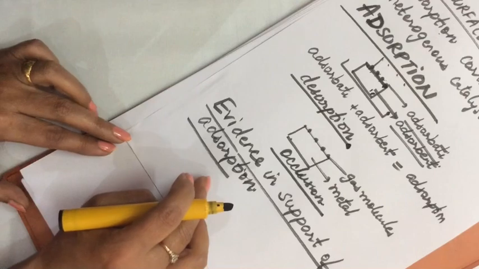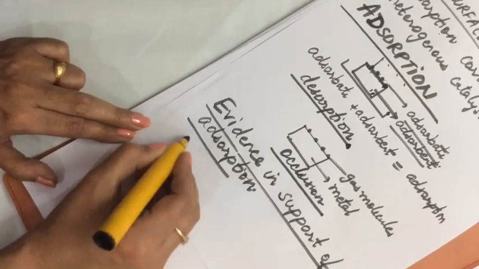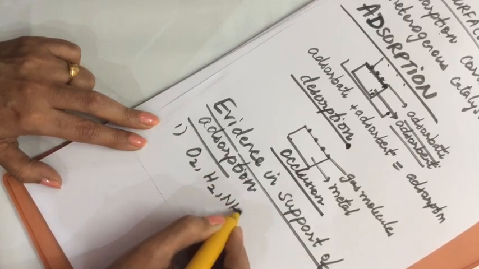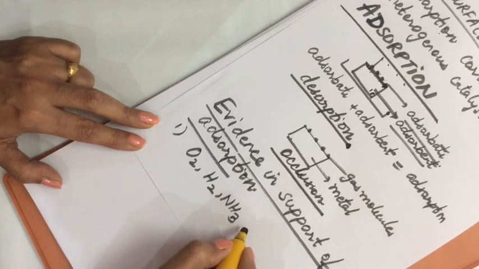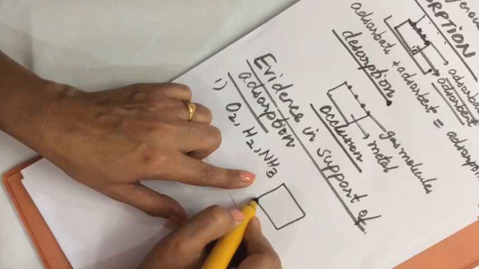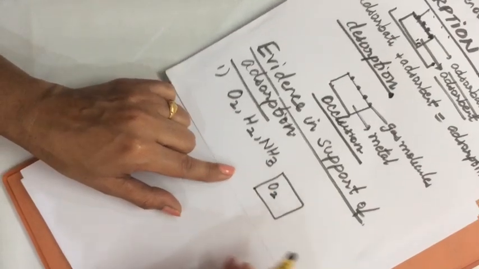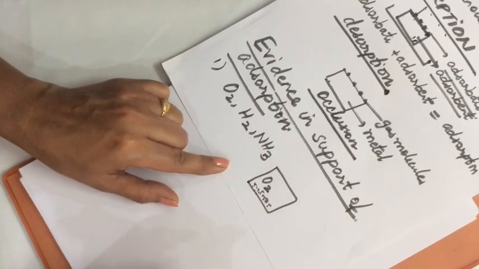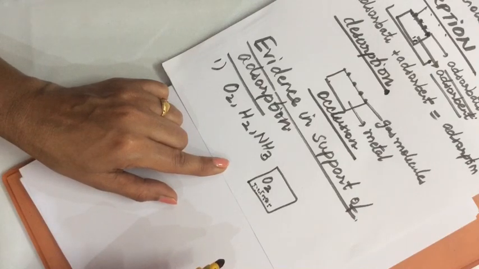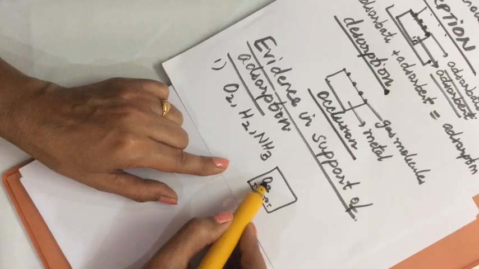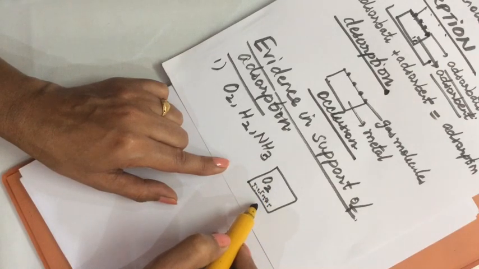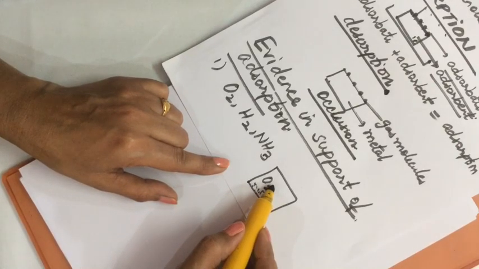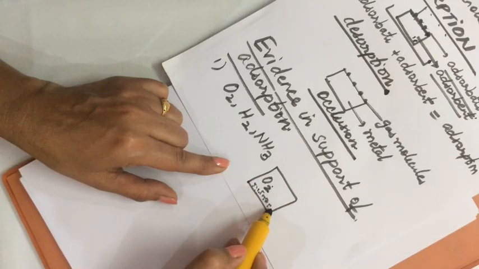Some evidence which supports the adsorption phenomenon: gases like oxygen, hydrogen, ammonia, when we take these gases in a closed vessel, for example oxygen, and powdered charcoal is added, it is observed that the pressure of the gas in the enclosed vessel decreases, because oxygen gas gets adsorbed on the surface of the charcoal.